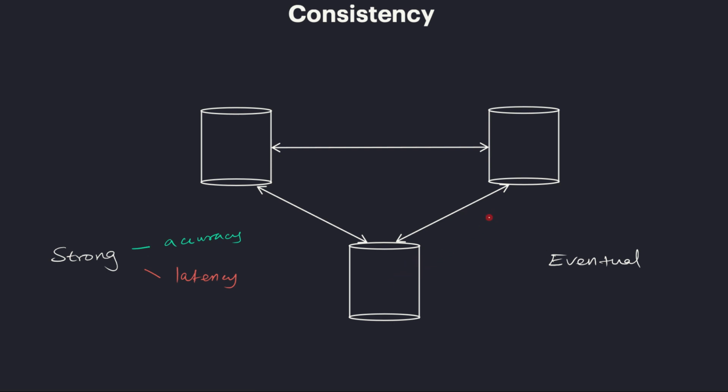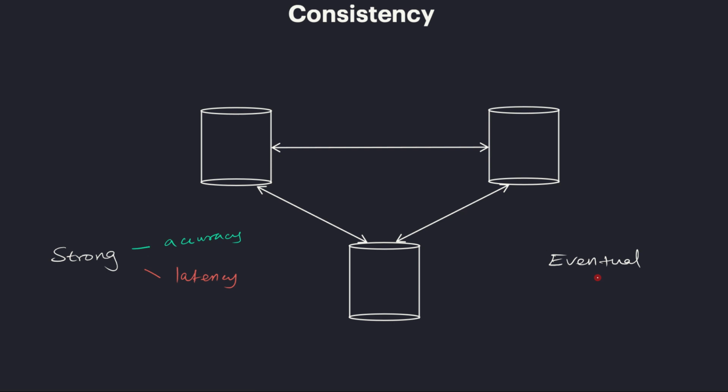It will take some time for the data to be synchronized across all the Facebook databases. And once it reaches the database which is closer to you, then you'll be able to see the change, right? Eventual consistency is still useful for these kinds of applications. Okay, so that is what eventual consistency is.